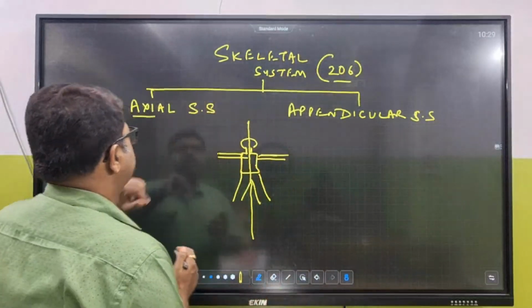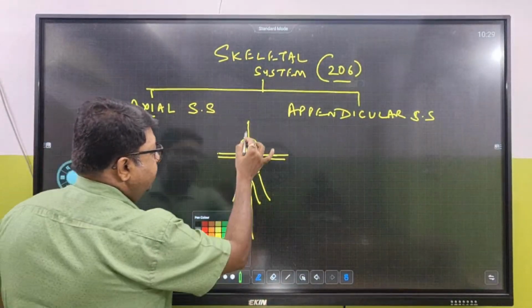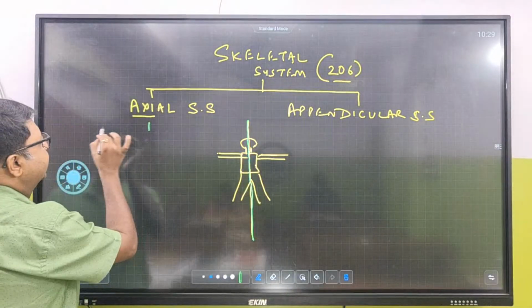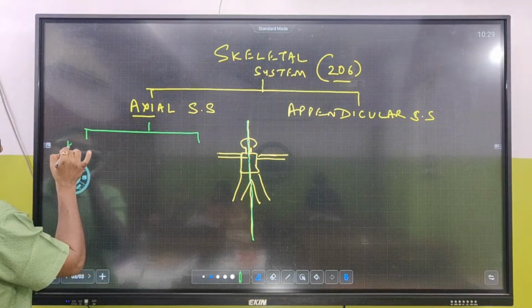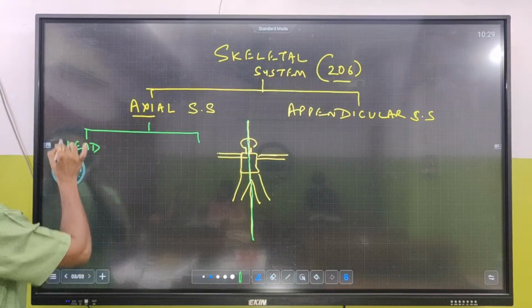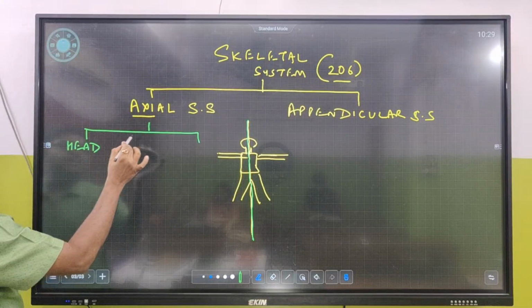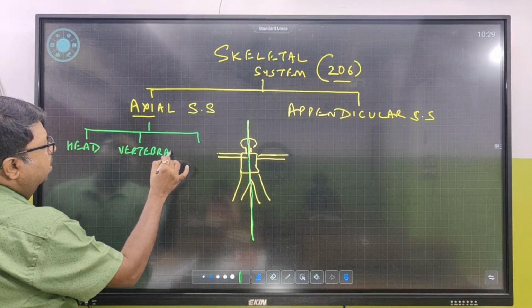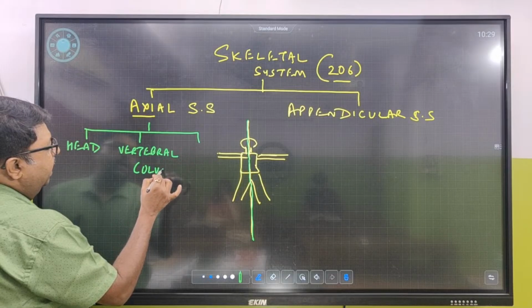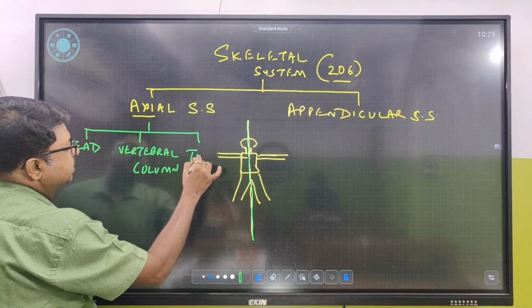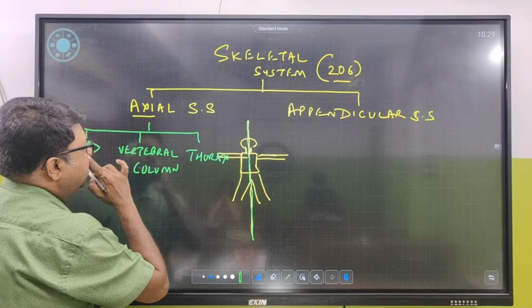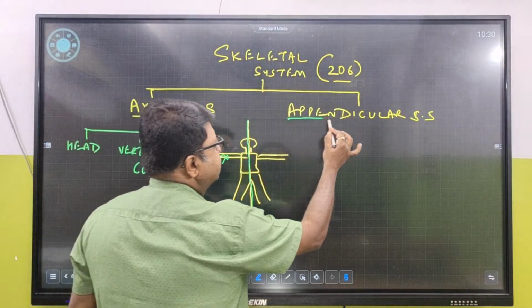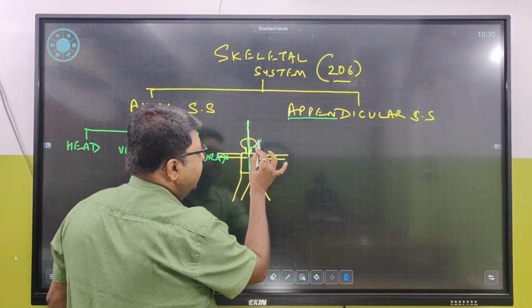That means when we talk about the axial skeletal system, we are talking about those organs which lie in the main axis, and those are three parts of the body. One is head, the second one is vertebral column, and the third one is thorax.